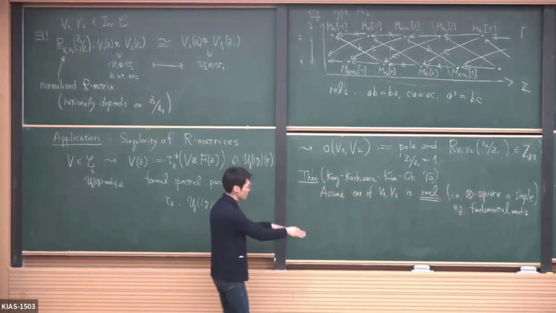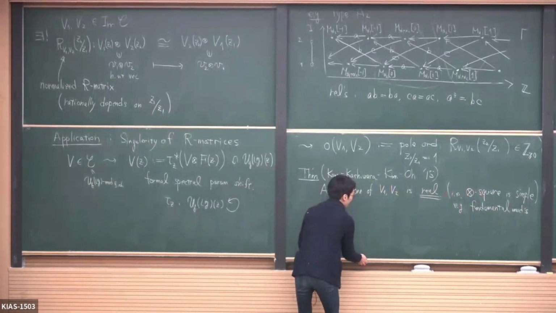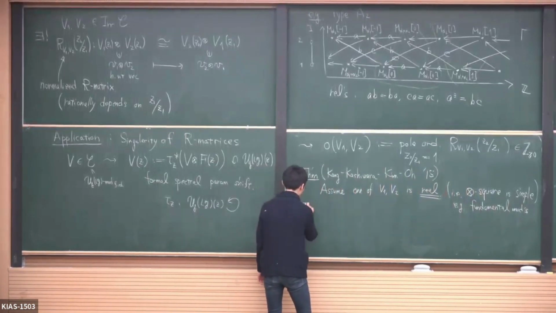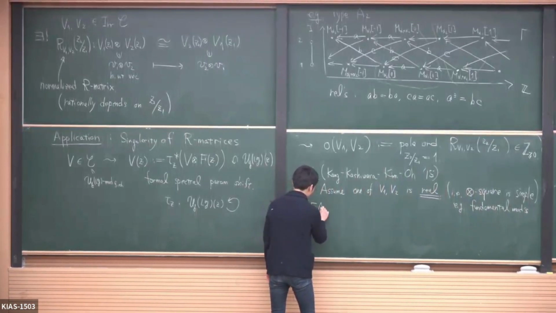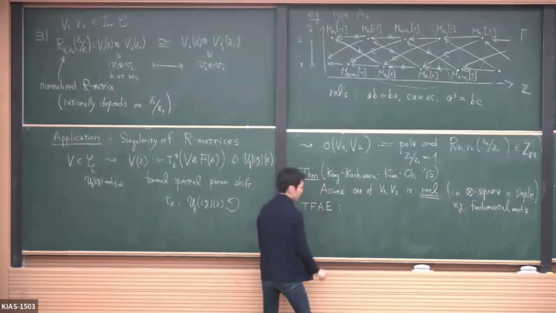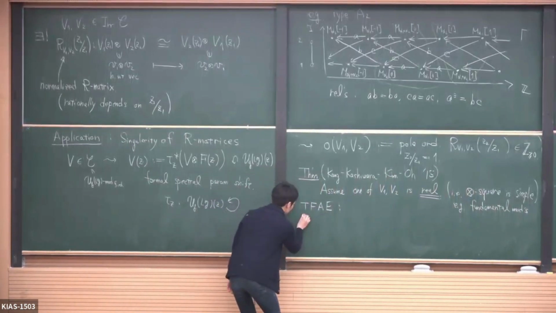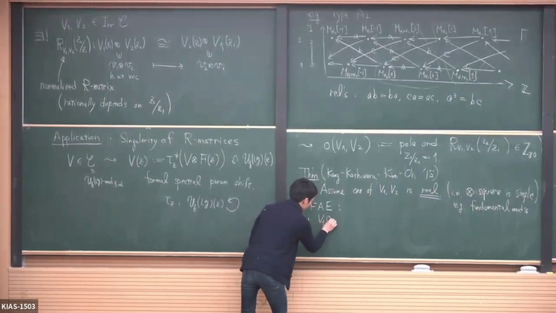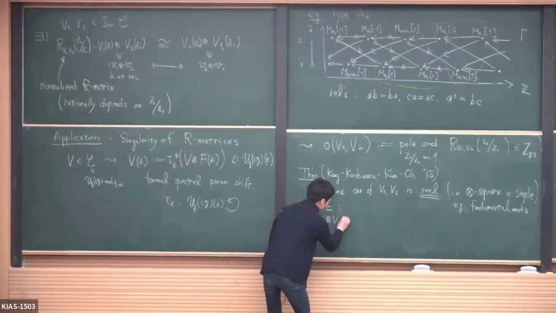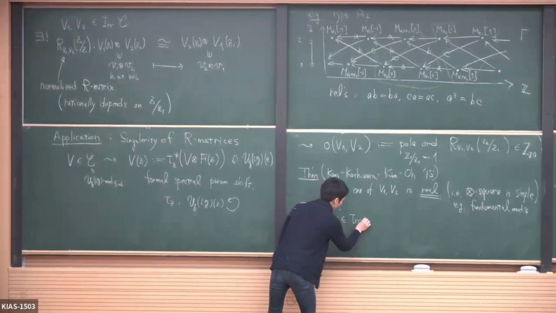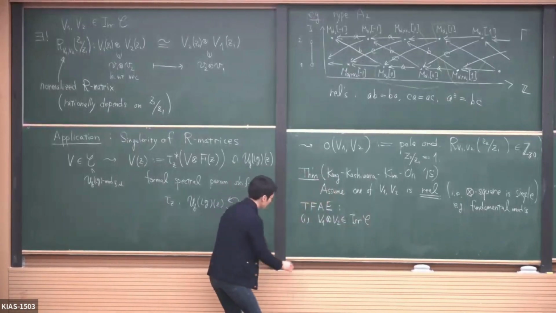So this is some assumption, but under this assumption, we have the following statements which are mutually equivalent. The tensor product of V1 and V2 is again irreducible.